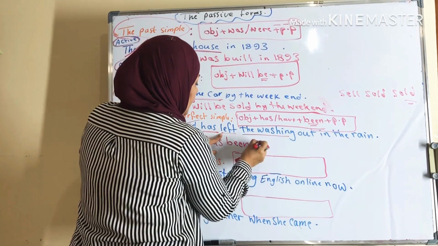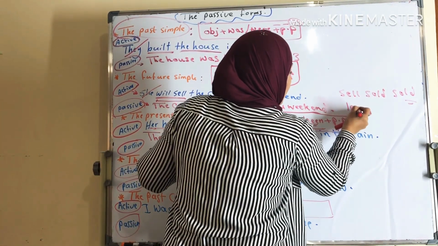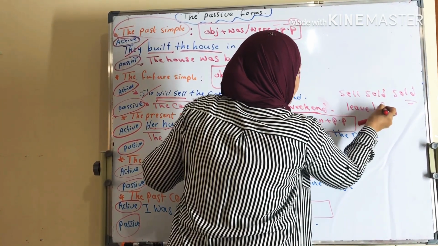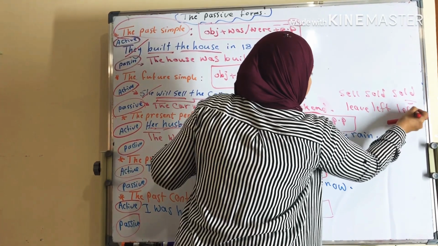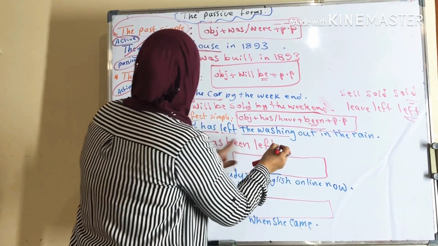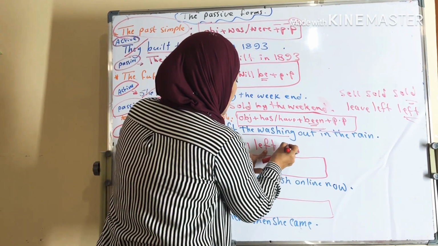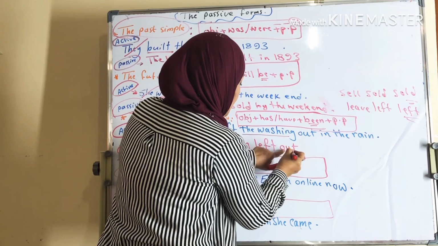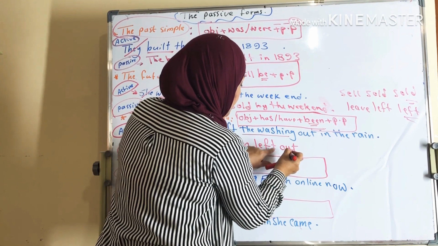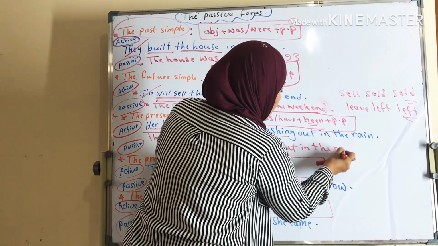Again we have the same form, leave, left, left. The washing has been left out, preposition after the verb, out in the rain.